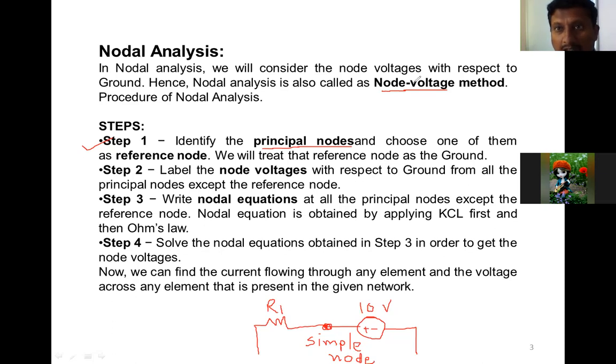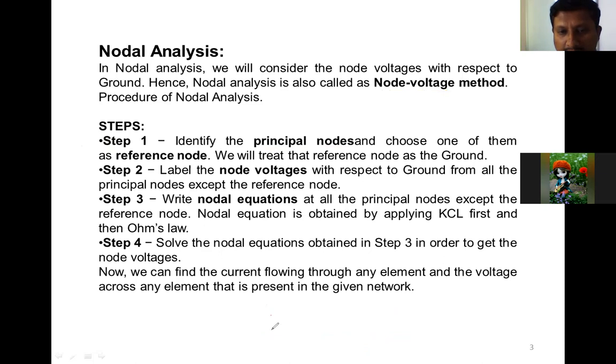Now the next one. Suppose 3 branches are connected like this. Suppose this is the 5 volt source, this is R1, R2, this is R3, and this is R4.